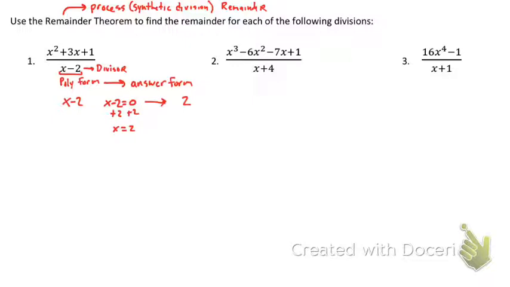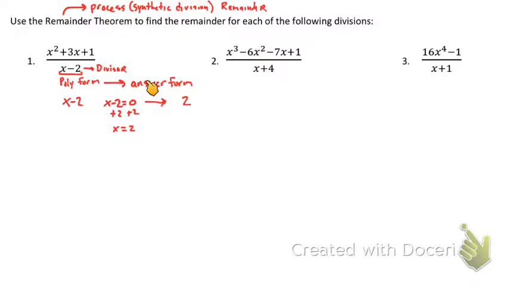So this is what we need to do before we do synthetic division. Let me reiterate. Synthetic division is a way to find the remainder really fast. Instead of doing long division, we have the divisor, the guy doing the dividing, in polynomial form.